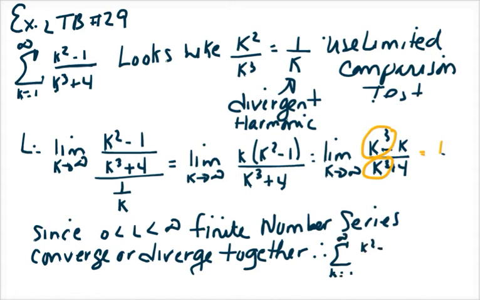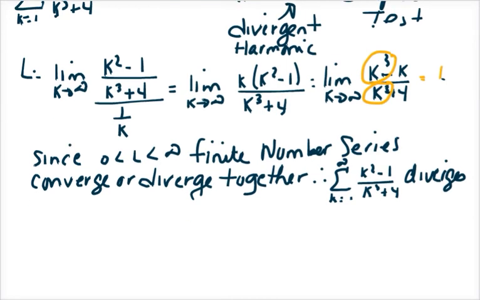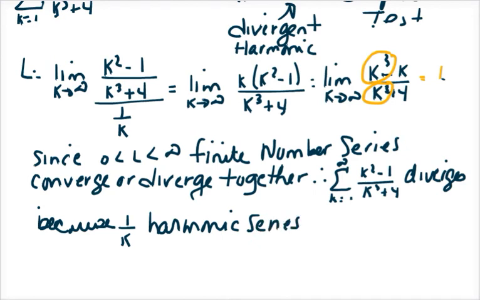So k squared minus 1 over k cubed plus 4 diverges. Specifically, diverges because 1 over k, the harmonic series, diverges. By the limit comparison test.